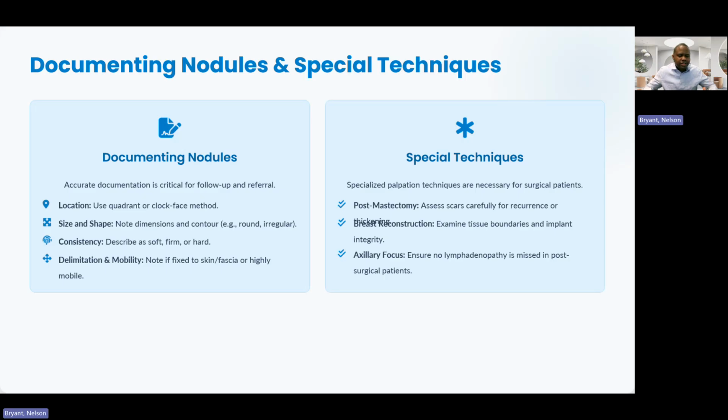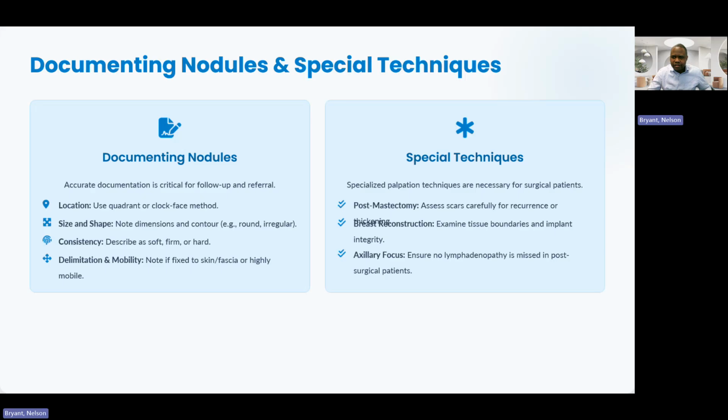And if you have enough time, and that's a good practice that we do in the clinical setting in primary care, it's very important to measure the distance using a paper tape measure, so that when you are referring the patients to an oncologist or any other specialist, they don't have to guess.